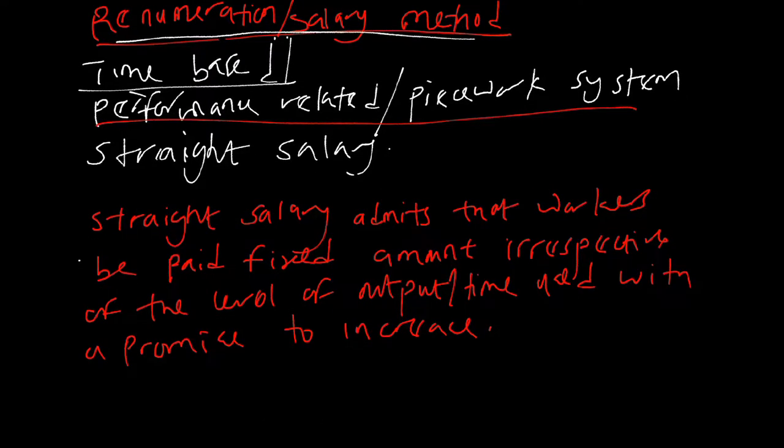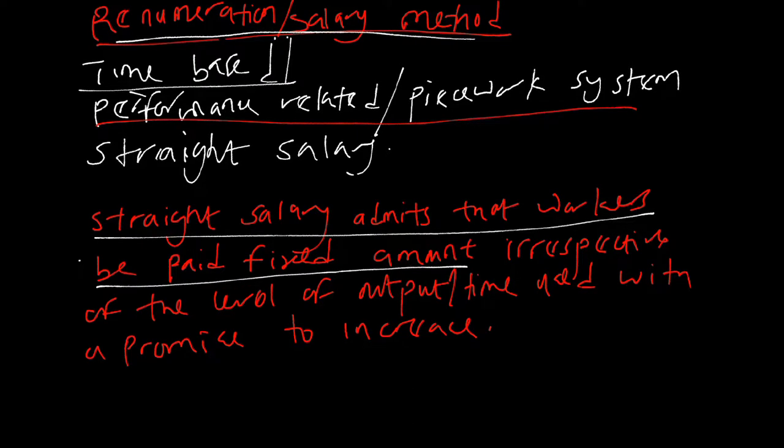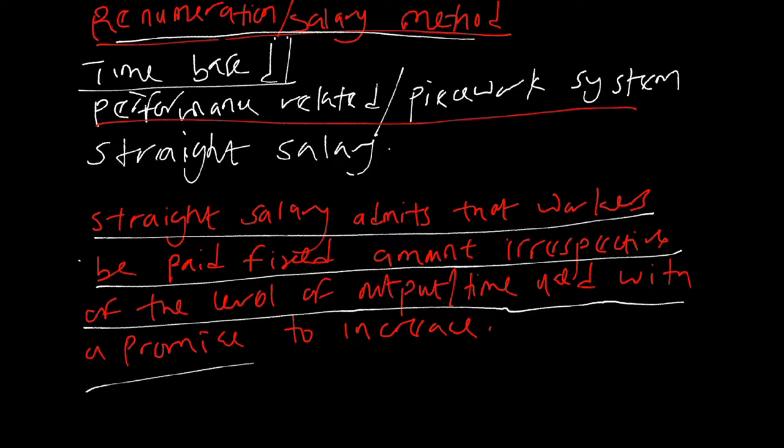Straight salary admits that workers be paid a fixed amount irrespective of the level of output or time used, with a promise to increase. What do we simply mean by straight salary? Straight salary doesn't consider the time a worker used in producing, and doesn't consider the output.